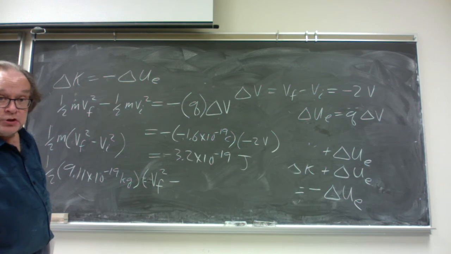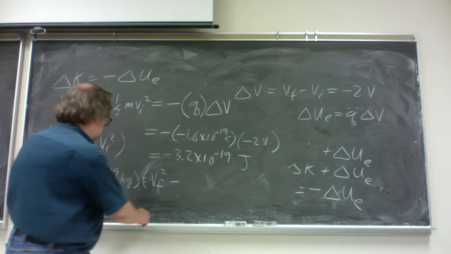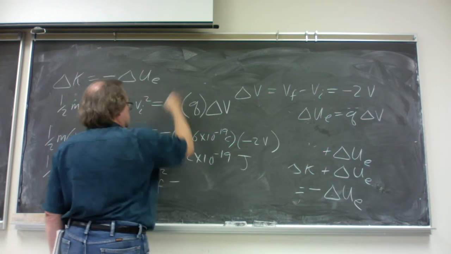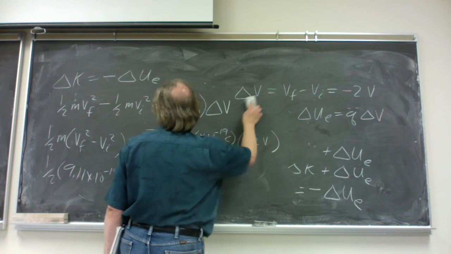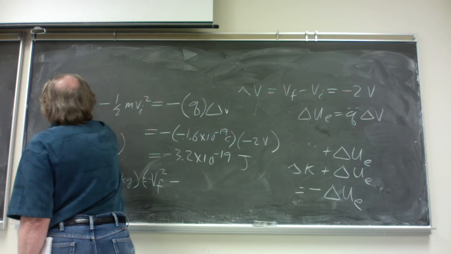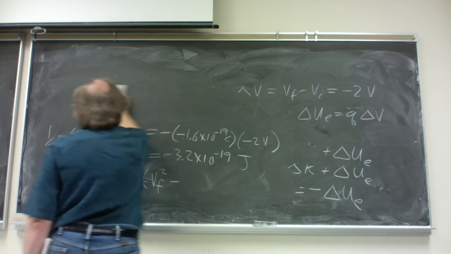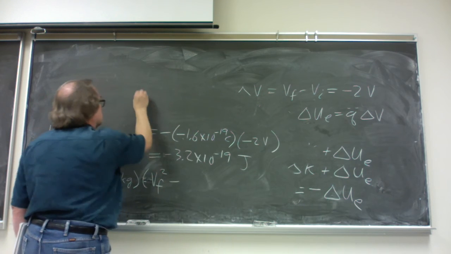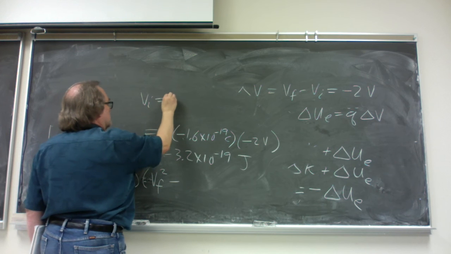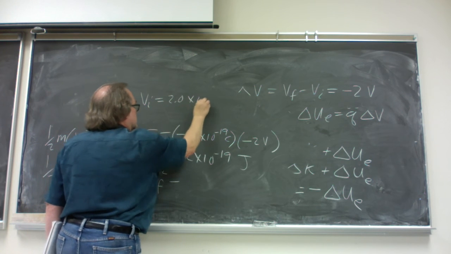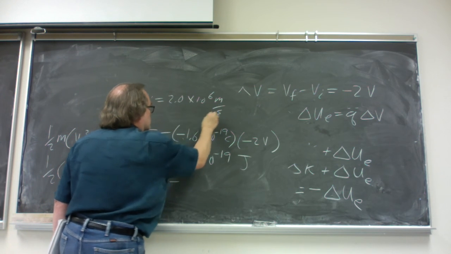Remember, V initial was 2 times 10 to the 6th meters per second.